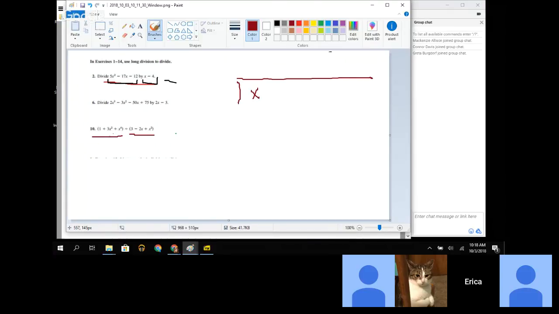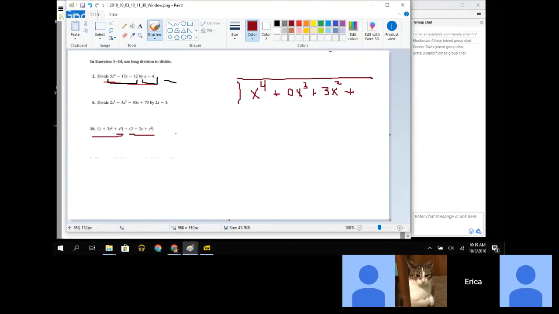So you have x to the fourth, okay? We're going to write that first because that's our highest order. That's what we're going to try to get rid of. Also, we want to put in spaces for those exponents that we don't have values for. So 0x cubed. We don't have an x cubed, right? We have a 3x squared.